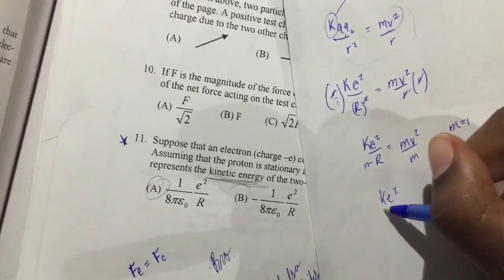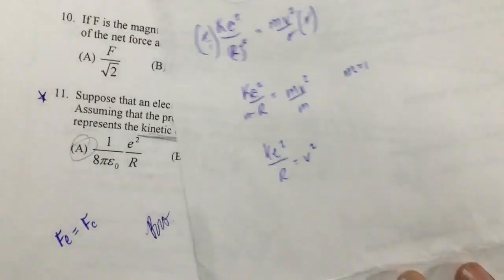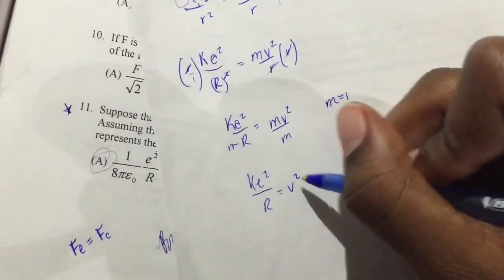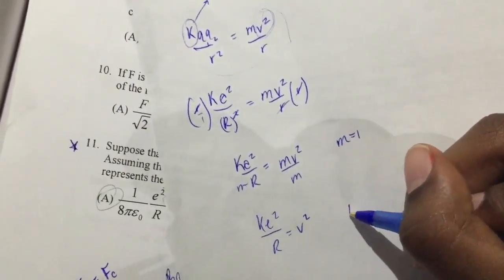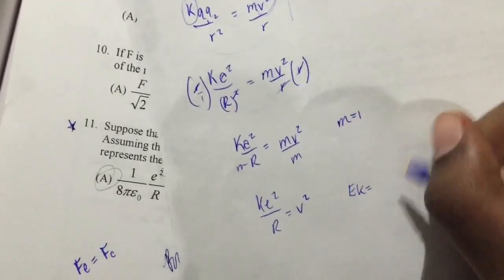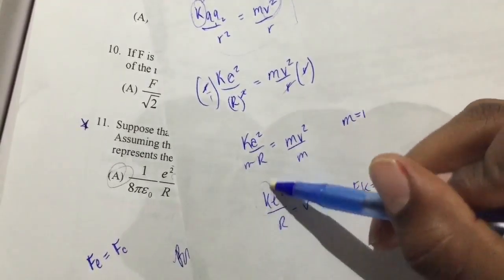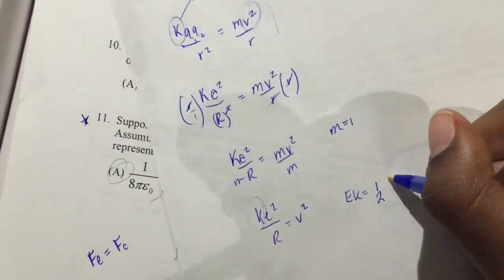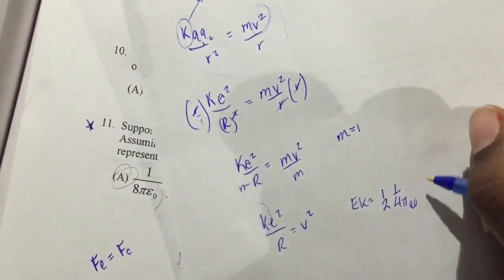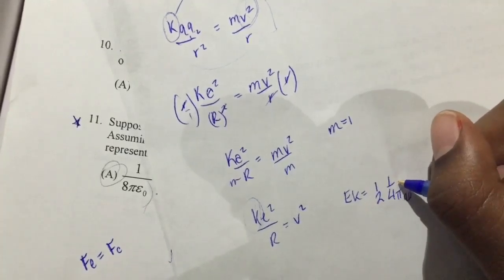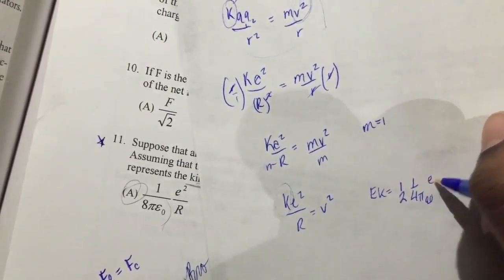So K e squared equals, and then we're going to plug this into this. So the kinetic energy equals 1/2 K. We're going to plug in the 1 over 4 pi epsilon times this.